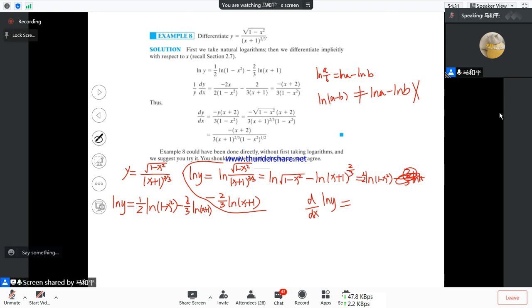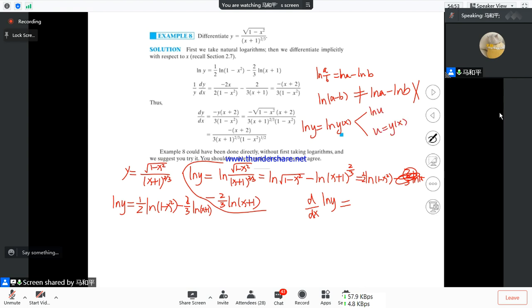This means with ln y, y is a function of x, so x is the variable. We write ln y is equal to ln y(x). So we decompose it as ln u, and u is y(x).